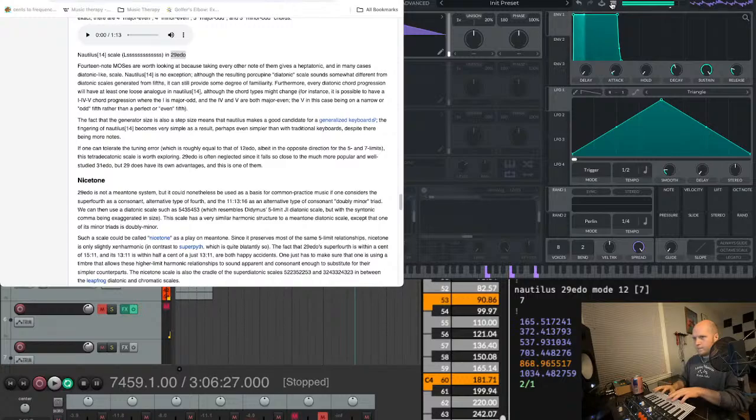Hopefully that's not too loud. And then the scale is going to go. So that's like a 7-note, kind of like a do, re, mi, fa, sol, la, ti, do thing.